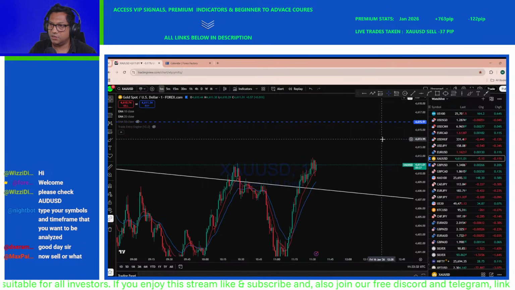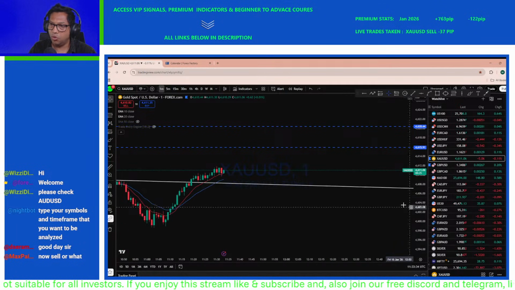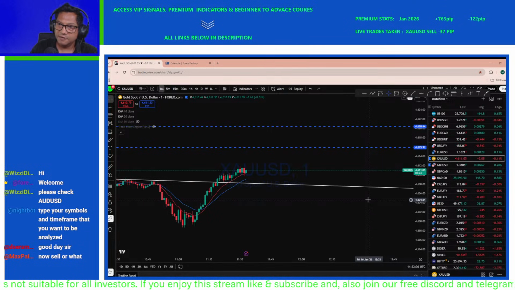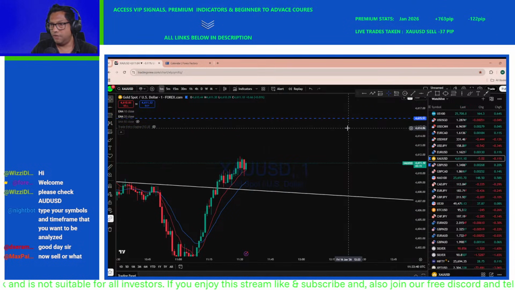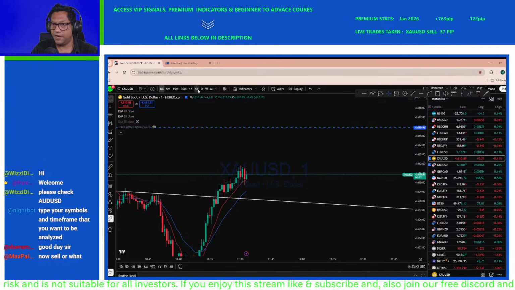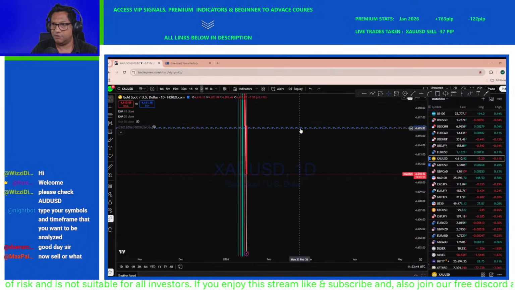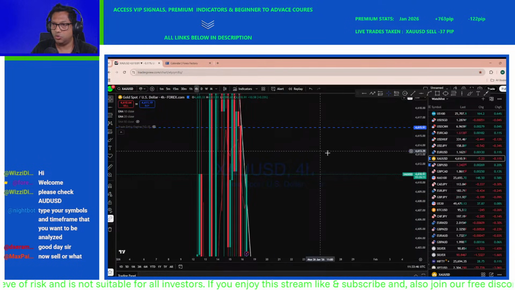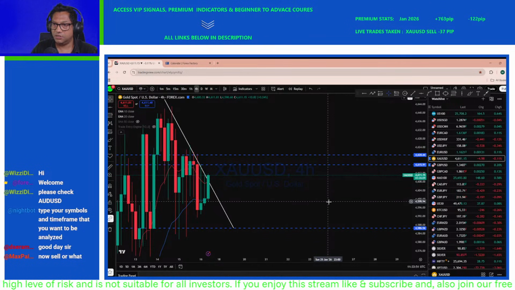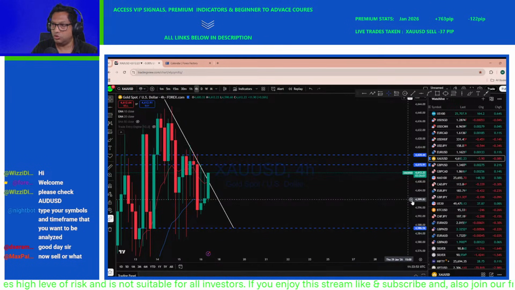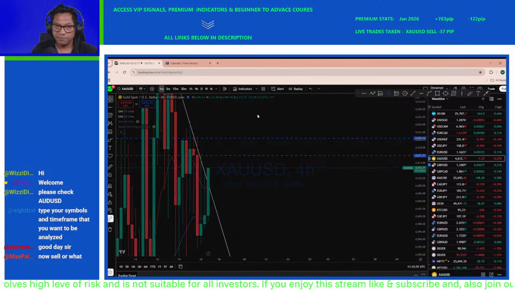There is a possibility that the market will go back to this daily resistance line, and then potentially reverse back again to this support level, or continue to rise back to the upside.